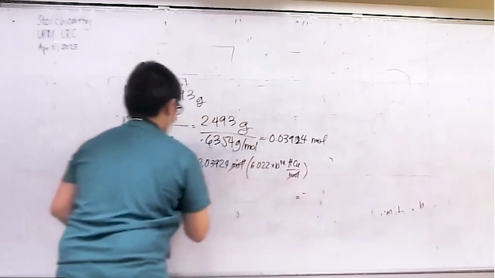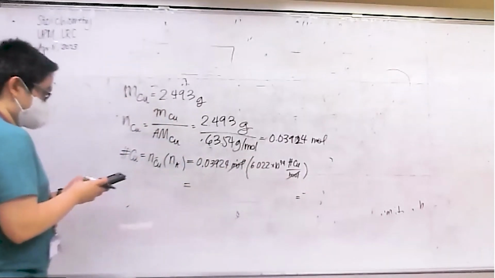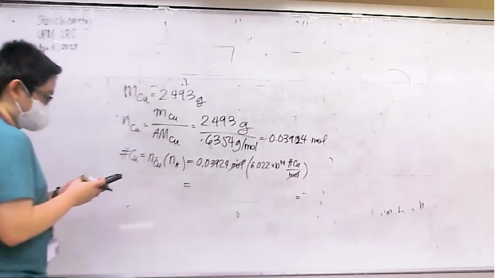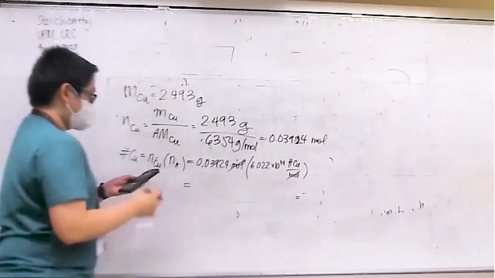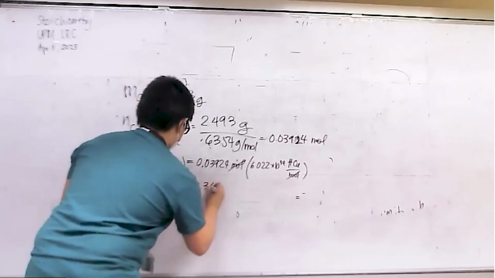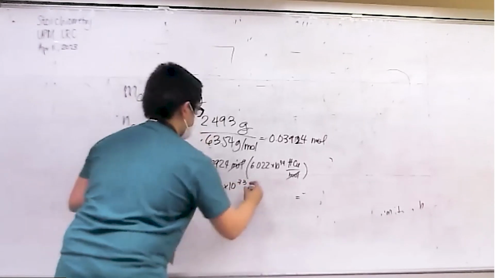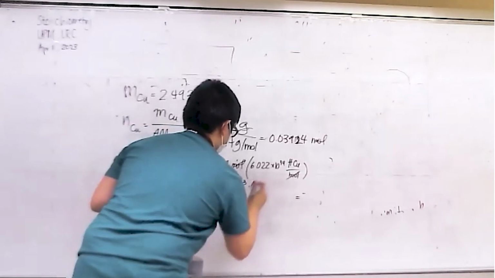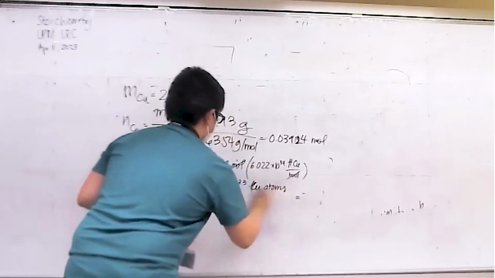So the moles will cancel and you get the number of copper atoms, which is 2.363 times 10 raised to 33. And that is the number of copper atoms. And that would be your final answer.